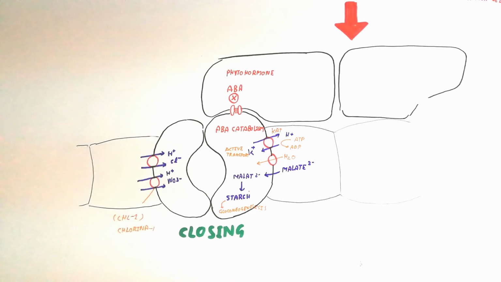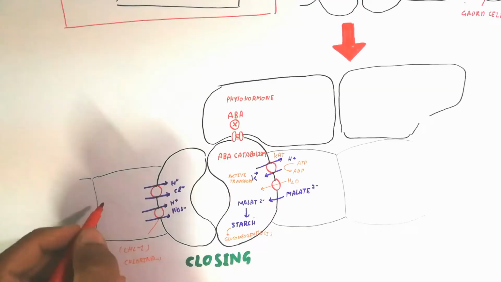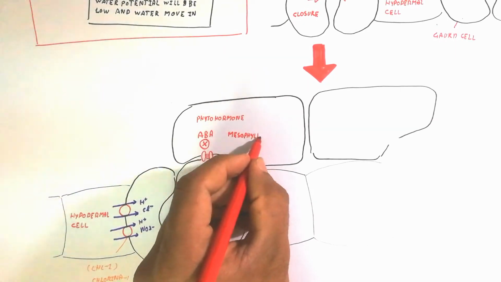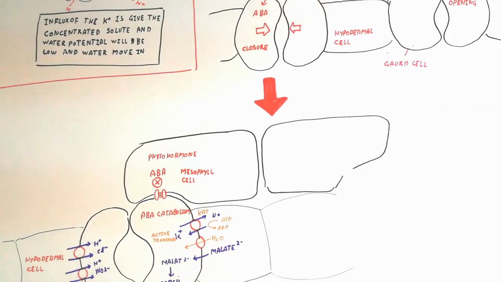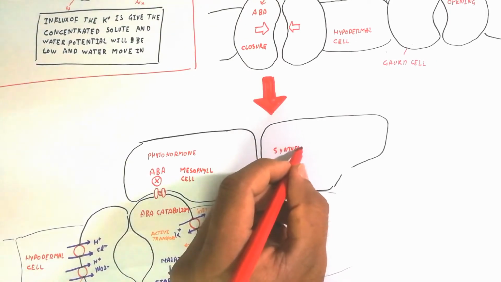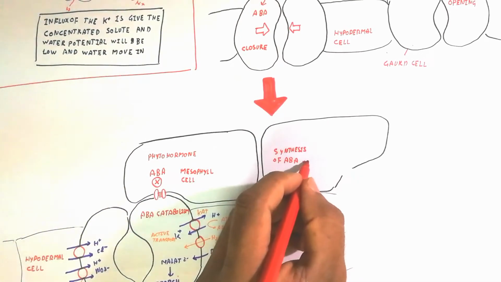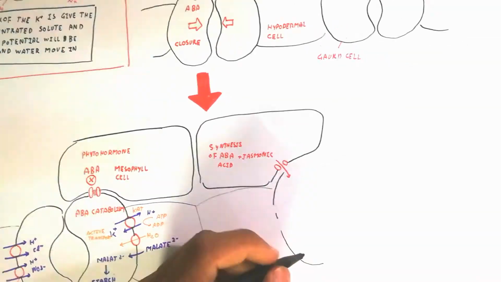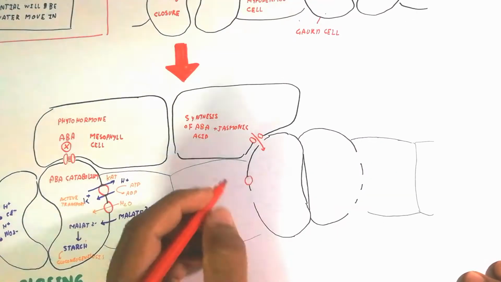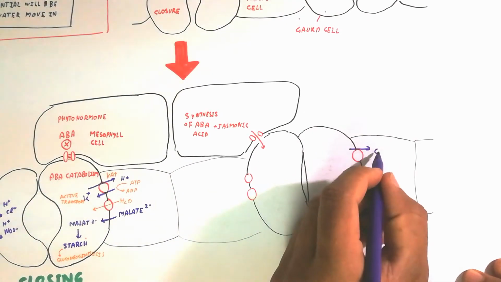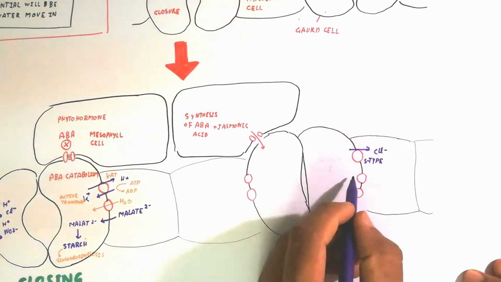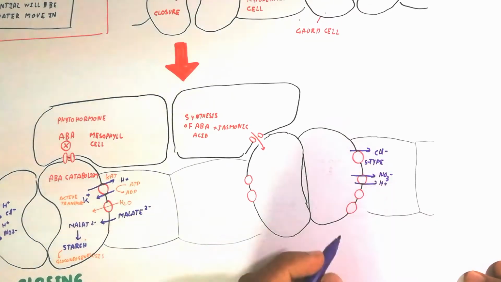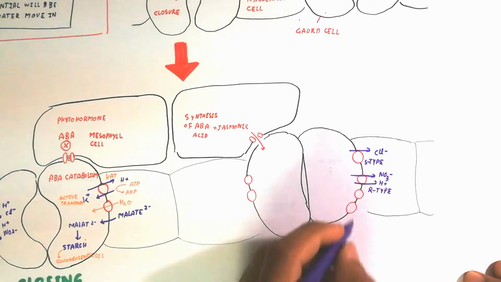Another important ion is the malate ion, negative, which enters, and starch synthesis, known as gluconeogenesis, increases the glucose and accumulation of too much solute in the guard cell, which is responsible for the entering of water.